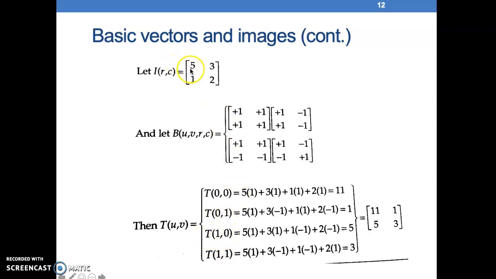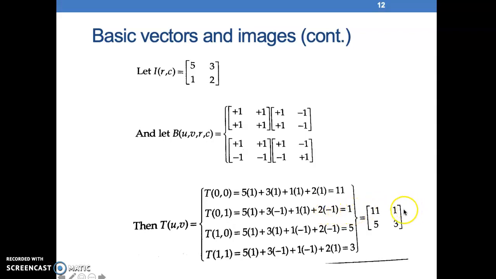Next, you project I(r,c) with another basis image to get T10. To get this one, which is 0,1, you project 5 with 1, 5 with 1, 3 multiplied by negative 1, 1 multiplied by 1, 2 multiplied by negative 1.